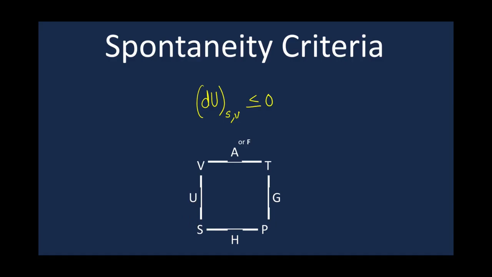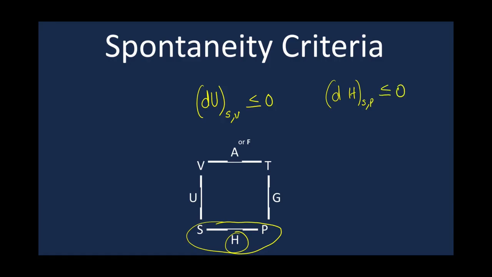Similarly, you can write it for H. For dH, next to H is S and P, so at constant S and P, dH is less than or equal to 0.